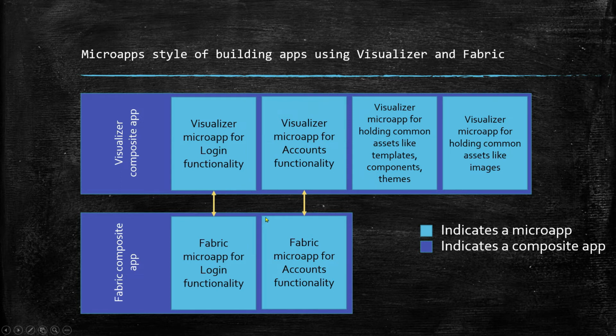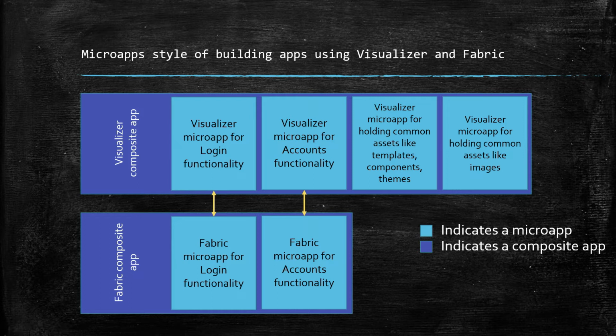Similarly, we would create a Fabric app having all the integration services, orchestration services and object services that are related to the accounts functionality that we want to build. And this individual Fabric app, the accounts Fabric app, would be consumed by the Visualiser accounts app.